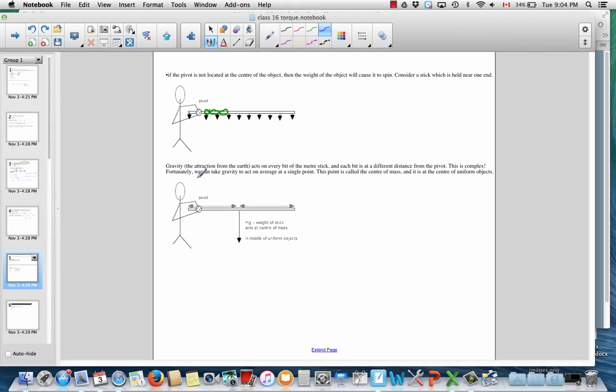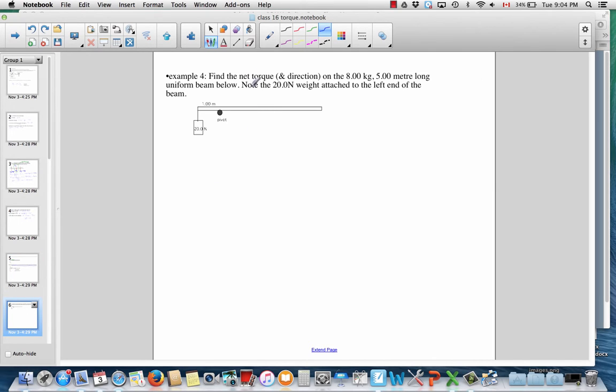The center of mass is the point where gravity acts on average, and it's just at the center of uniform objects. So it doesn't matter where you hold the object. On average, gravity acts at the middle, and the amount of torque that gravity exerts on this beam will be this force times the distance to the pivot. Okay? And this force is acting at the center, provided this stick is uniform.